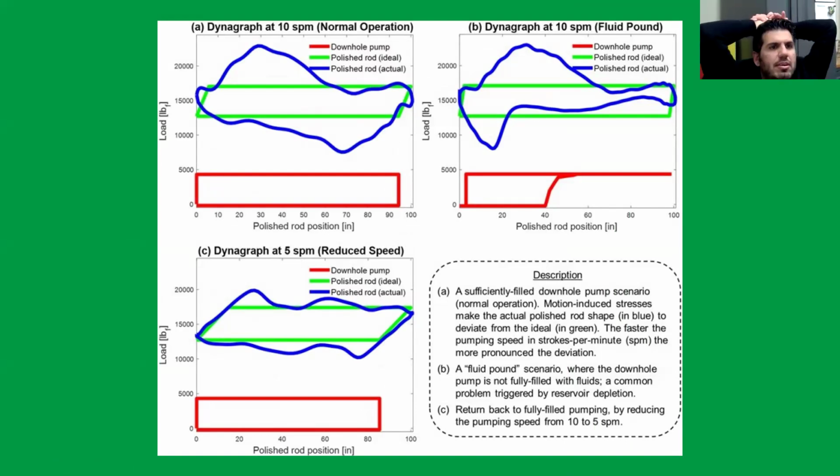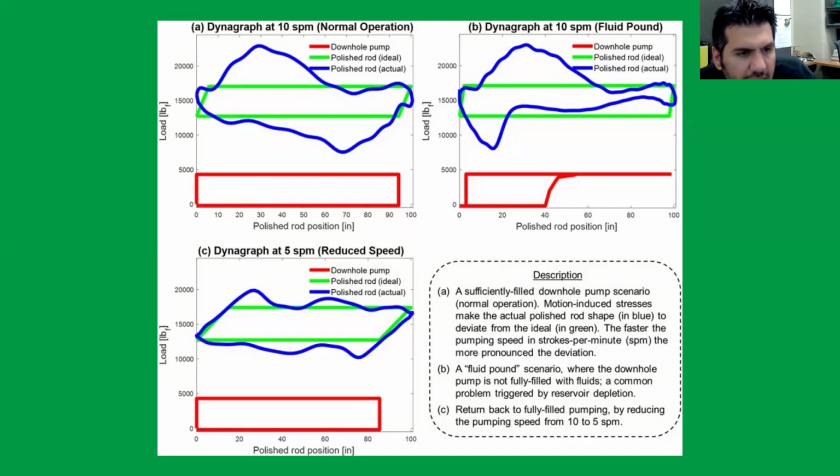Everything else constant. So the solution to that is that we just reduce speed. We brought it down from 10 SPM to 5, which is pretty slow. It's one cycle every 12 minutes, which is a long time. You probably don't see the pump jack moving. You need to sit down and look at it for a long time to understand that it's moving.